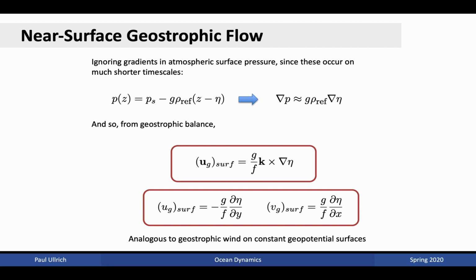Plugging this expression for the gradient of pressure into our expression for geostrophic balance, we then have that the vector geostrophic flow in the near surface is going to be equal to g over f times k cross the gradient of the free surface height. Or in component form, we have the two expressions shown at the bottom here for the near surface geostrophic flow.